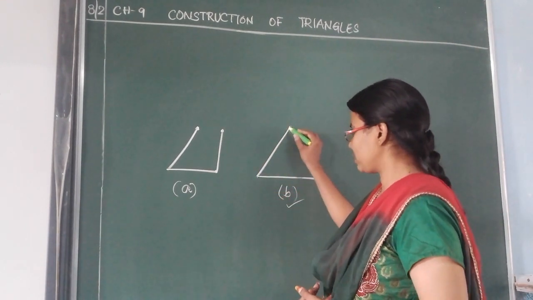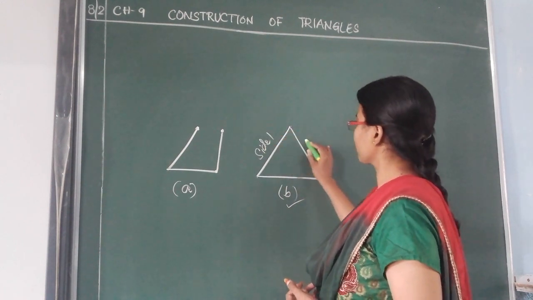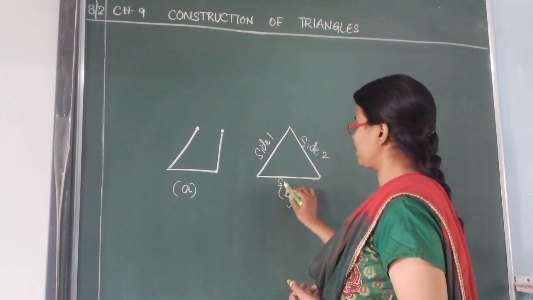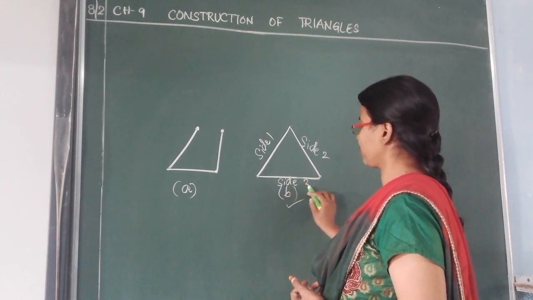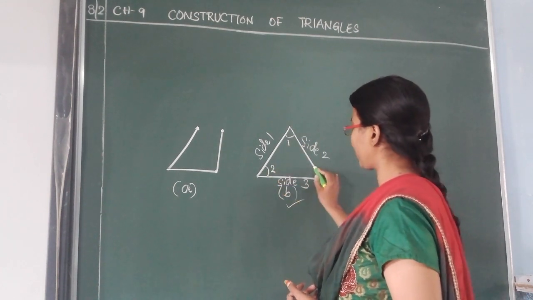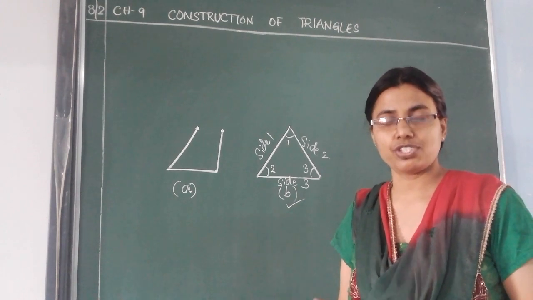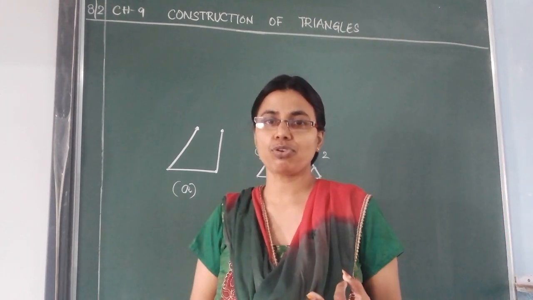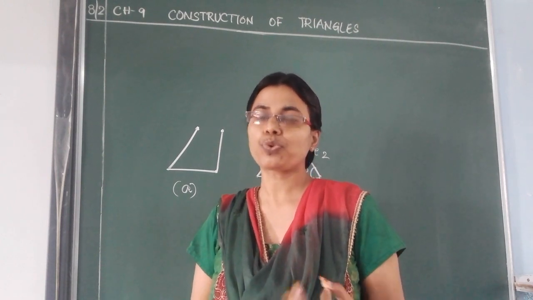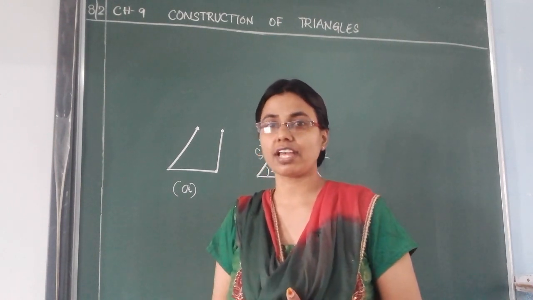So you know that this is side 1, side 2 and this is side 3. This is angle 1, angle 2 and angle 3. So based on the sides there are 3 types of triangles and based on the angles you have 3 types of triangles. Let us discuss based on the sides.